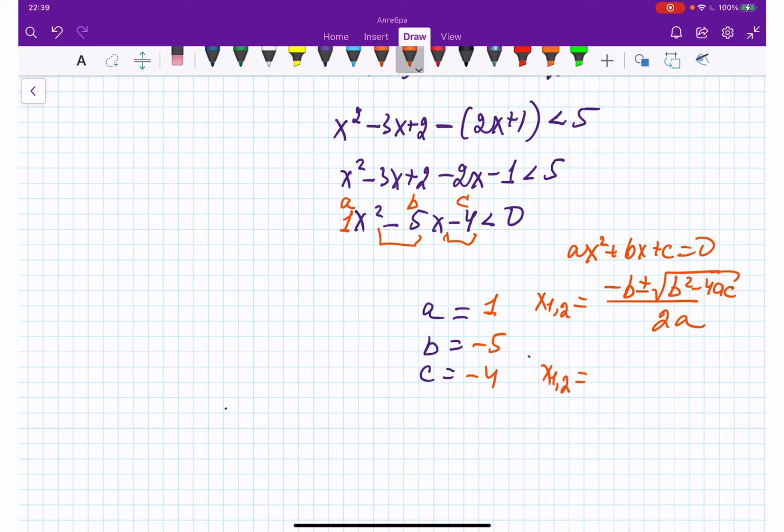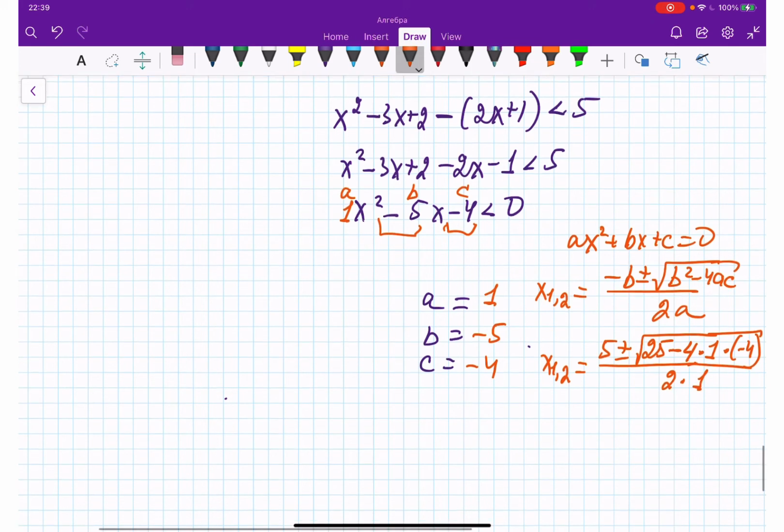x1,2 is equal negative b, which is going to be positive 5, plus minus square root of b squared, which is 25, minus 4 times a is 1, c is negative 4, and divided by 2a, 2 times 1.